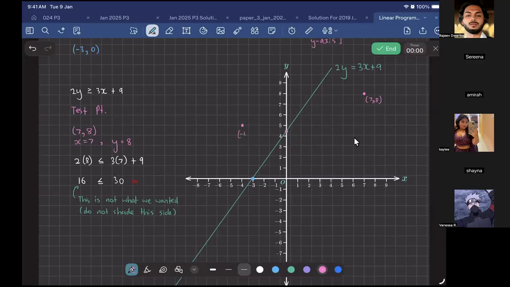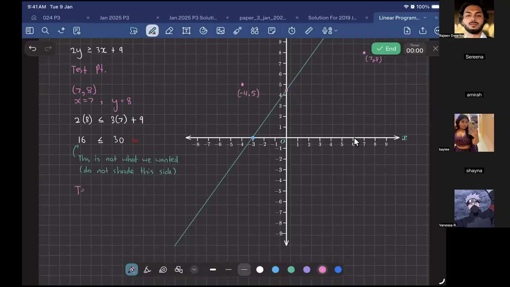So -4, comma 5. All right. So if we pick that test point, what is x and what is y? -4 is x and 5 is y. So x is -4, and y is equal to 5.